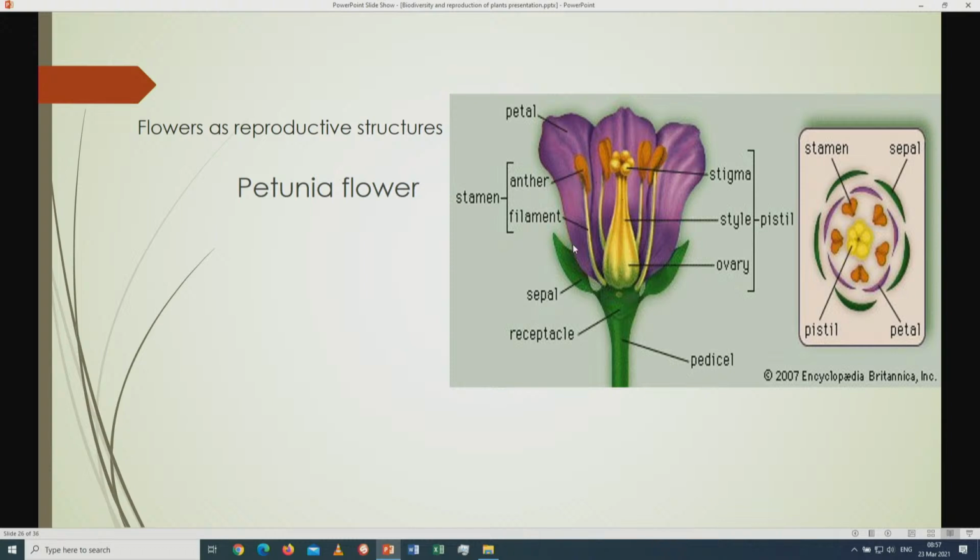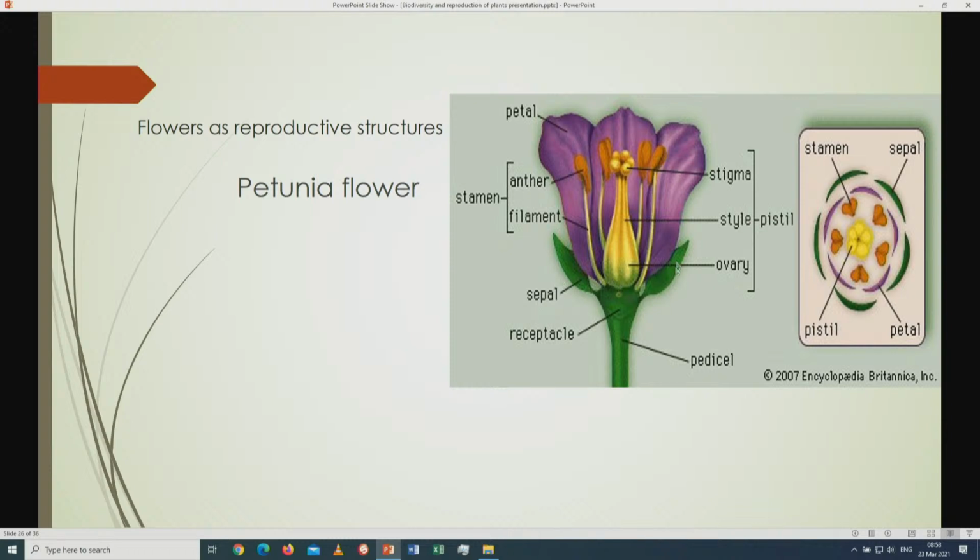So it has this anther and a filament. In the anther we get pollen. The filament supports the anther. And then here we have the female part of a flower, which is called a pistil. It is made up of the sticky stigma where the pollen lands, the style to support the stigma, the ovary to house the ovules.